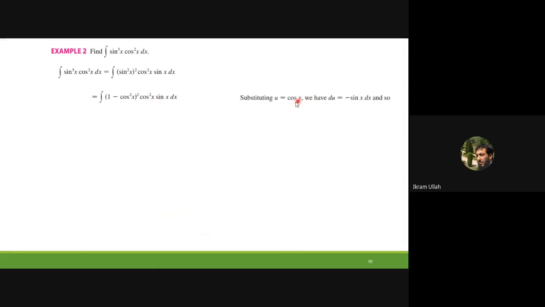Now using the substitution u is equal to cos of x, we have du is equal to minus sine of x dx, because the differential of cos of x is minus sine of x into dx.